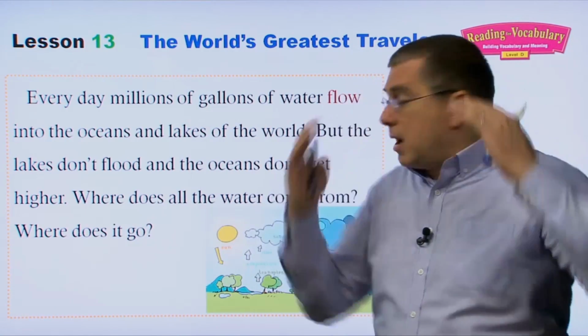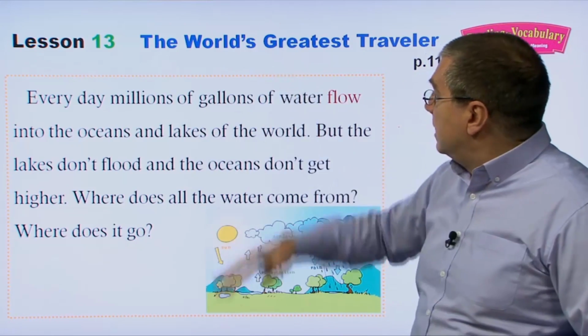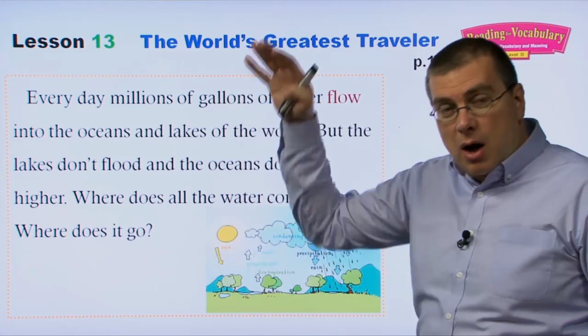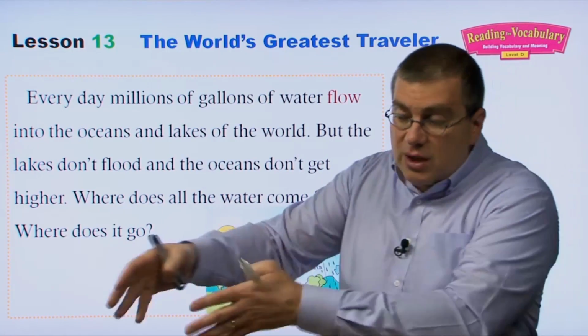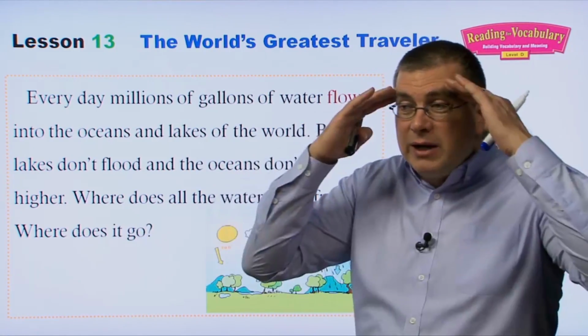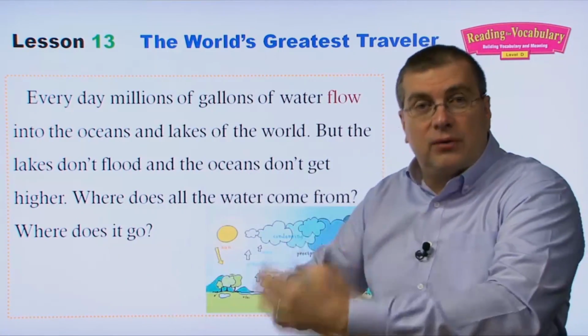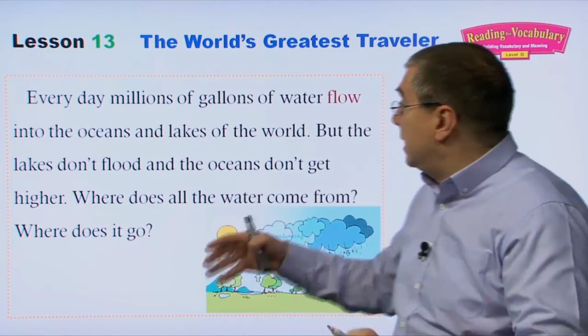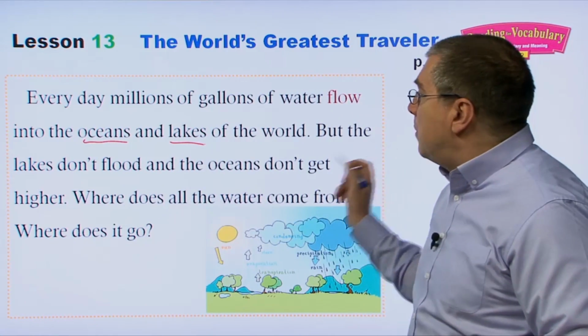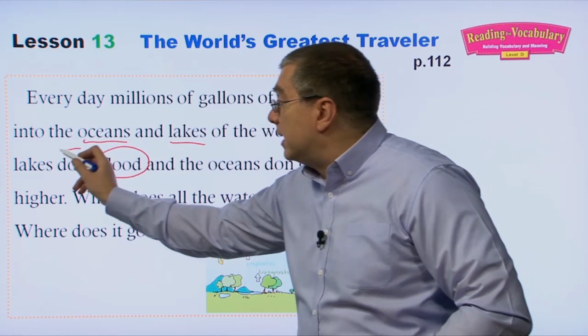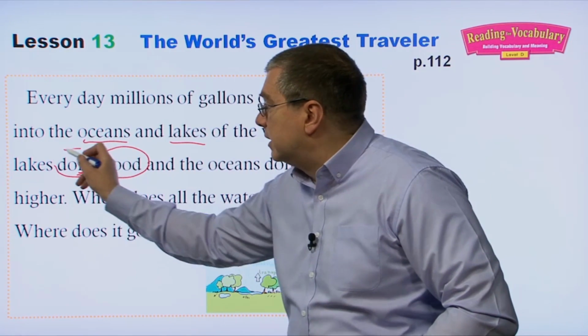So if you think about this, right, we have the rain falling on the ground. It goes into the rivers and the streams. Those rivers and streams go into lakes and oceans. So we think, wow, all this water every day, all the time, is going into the lakes and oceans of the world. But the lakes don't flood, do not flood.